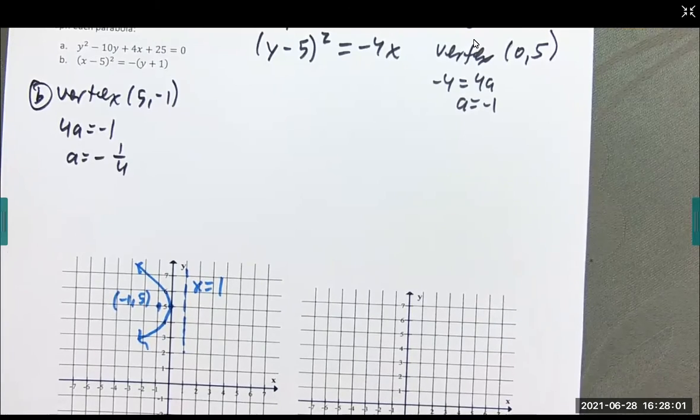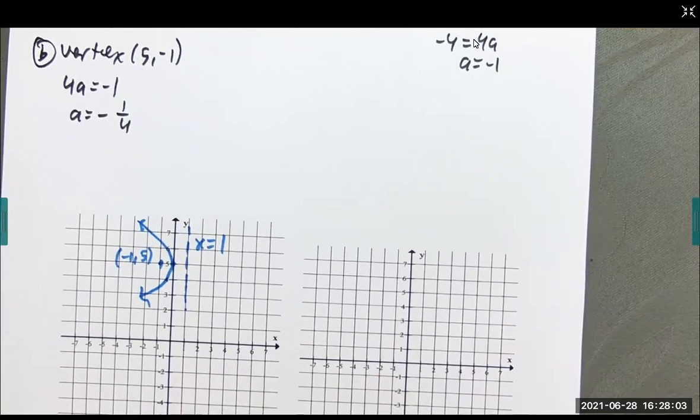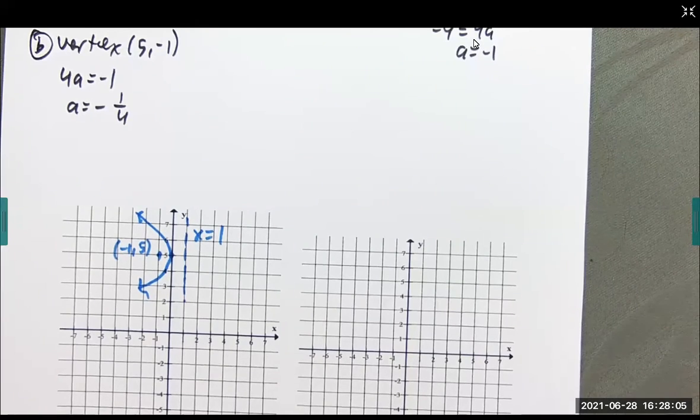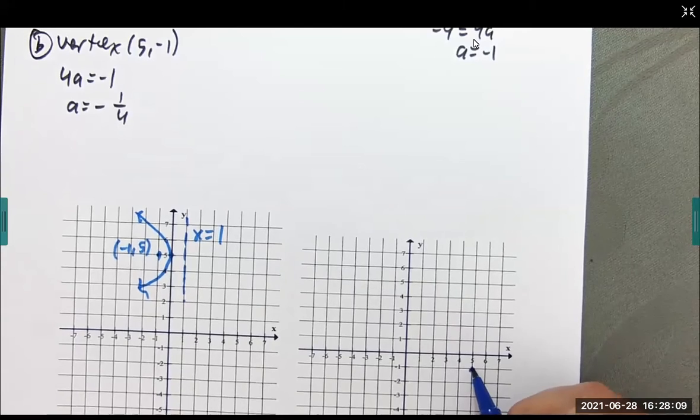So let's go to the vertex. Ooh, barely fit that in. Vertex in this case is 5, negative 1, so we're here. It's going to be opening downward. It's going to be quite wide.